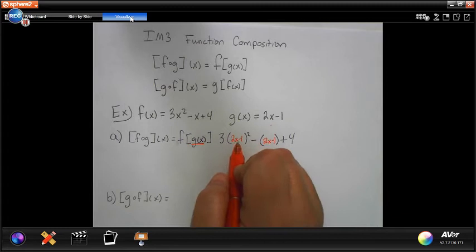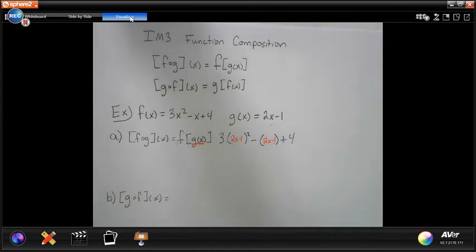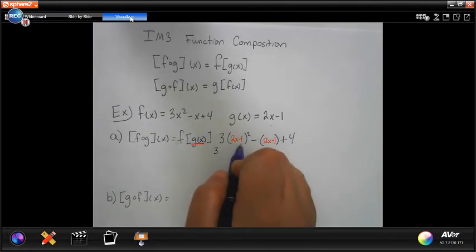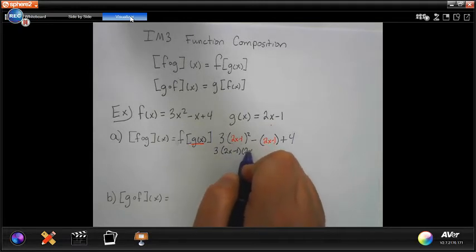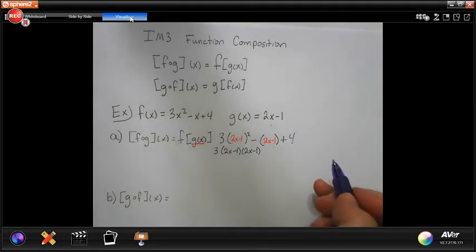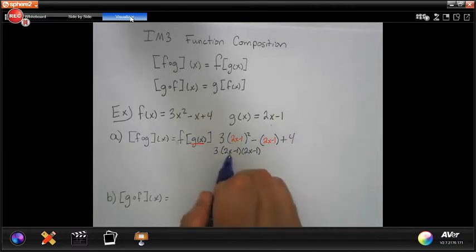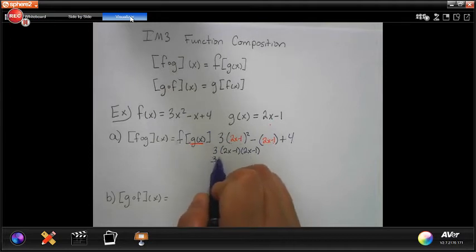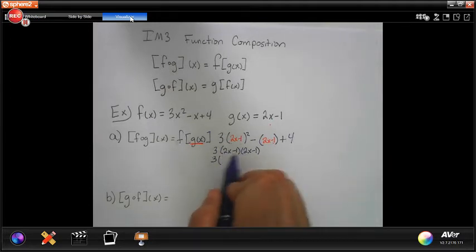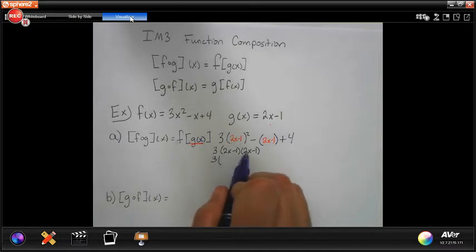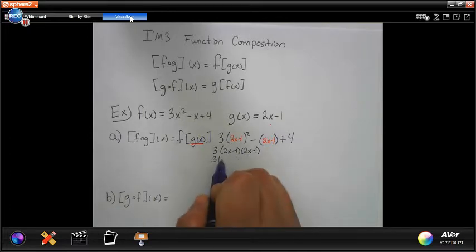Then we do the order of operations. Order of operations say we have to do the exponent first. So that means that 3 is going to stick around. This 2x minus 1 is actually 2x minus 1 times 2x minus 1. I'm going to simplify this a little bit first. 2x minus 1 times 2x minus 1, and we have 3. And then when we distribute, FOIL, distribute, box method, whatever, you have to multiply those together, however you do it.